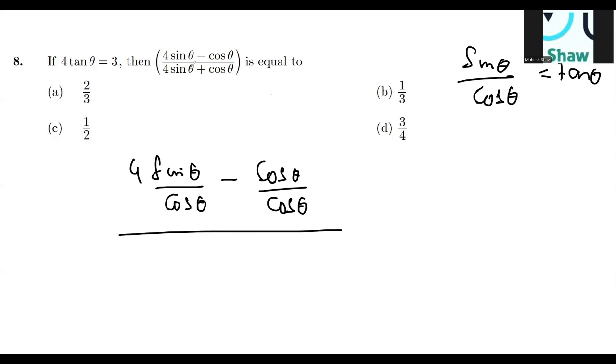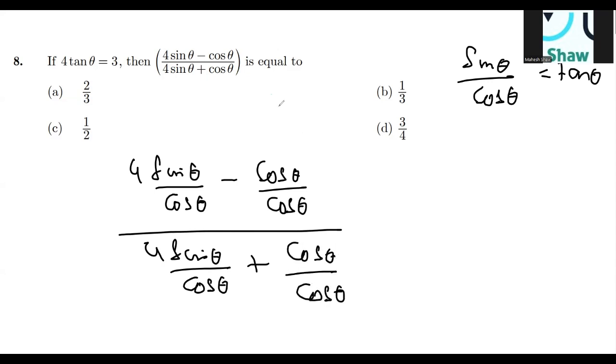Same in the denominator, dividing by cos: 4 times sine theta over cos theta, plus cos over cos. Now we can see that cos and cos get cancelled. And what we can do further is replace sine by cos with tan theta.